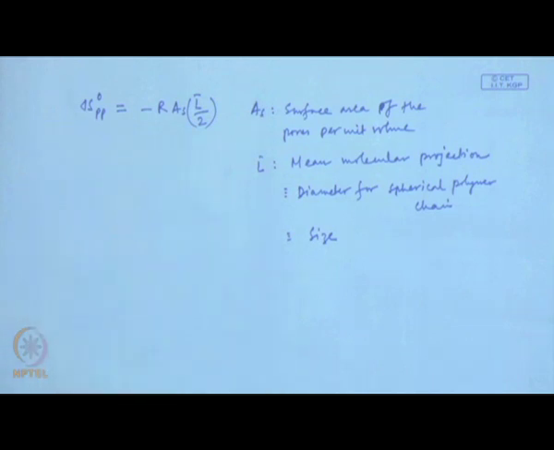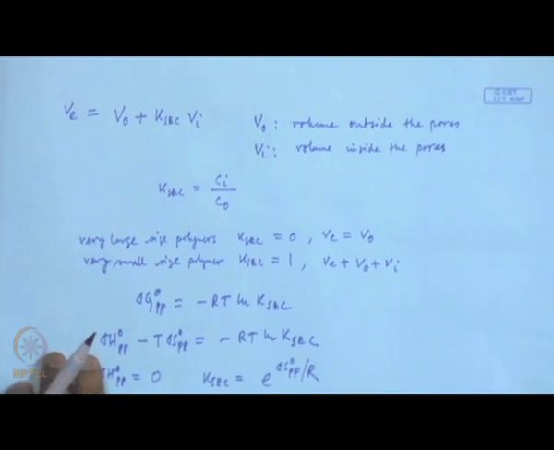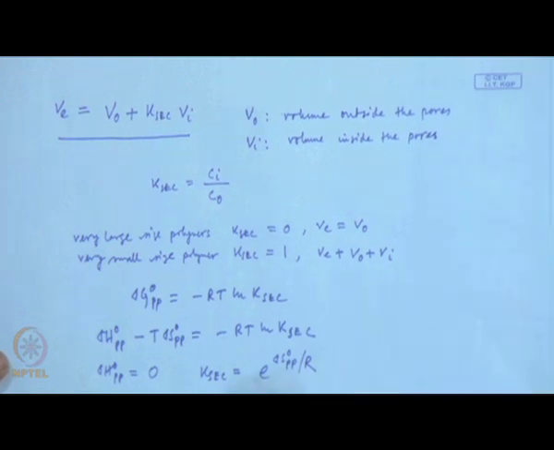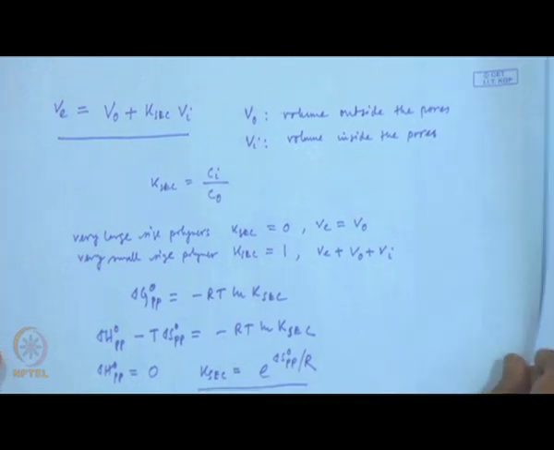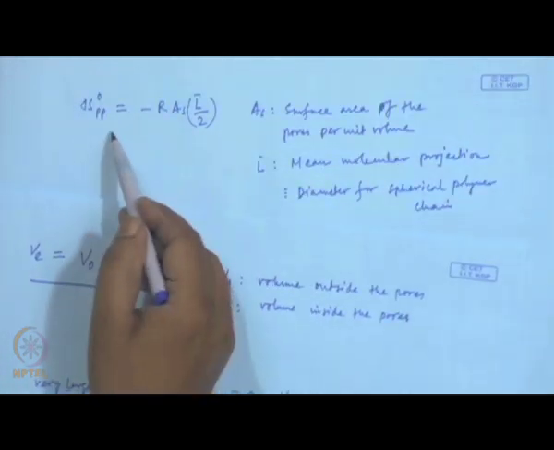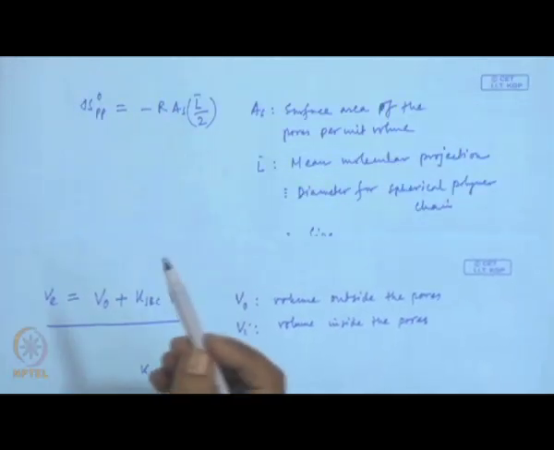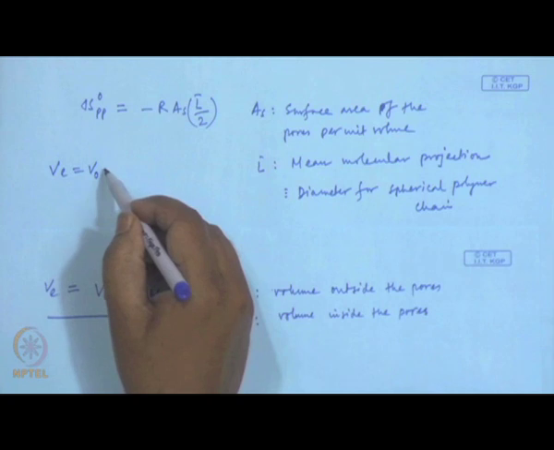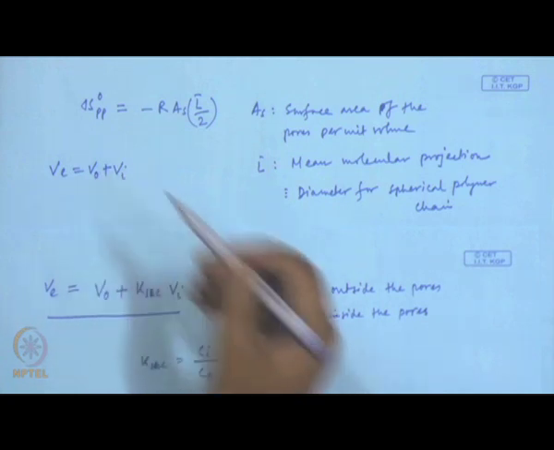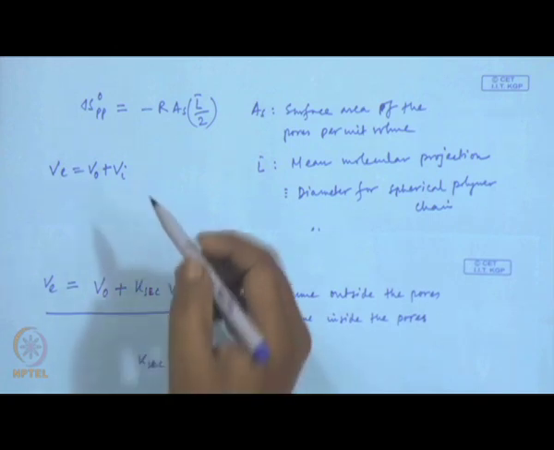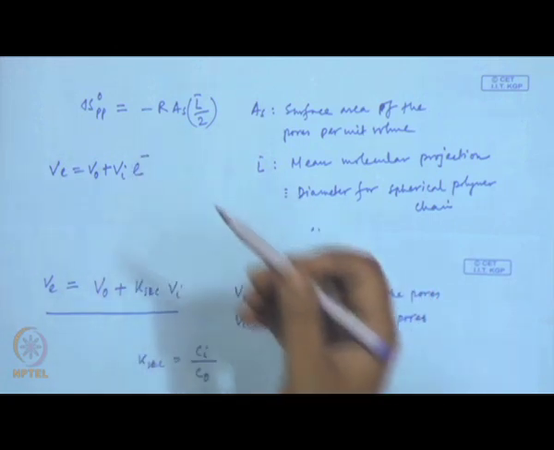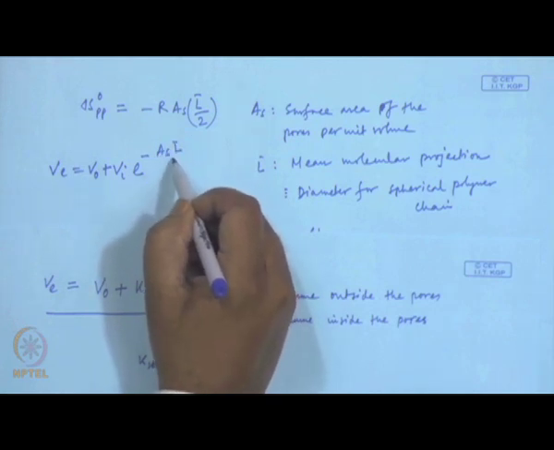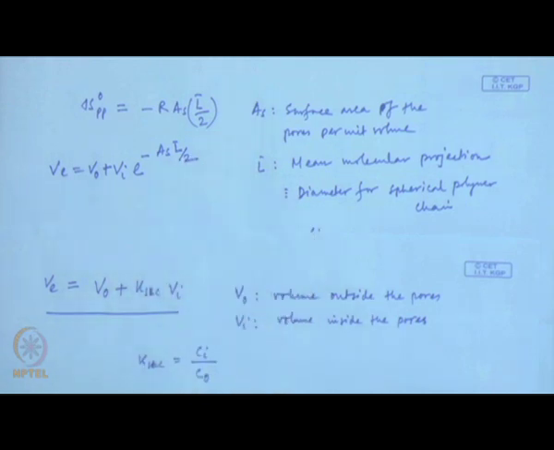So, if we look at this expression here, and we know K_SEC is this and V_E is this, we can simply write V_E is V_0 plus V_I e to the power minus A_S L dash by 2.